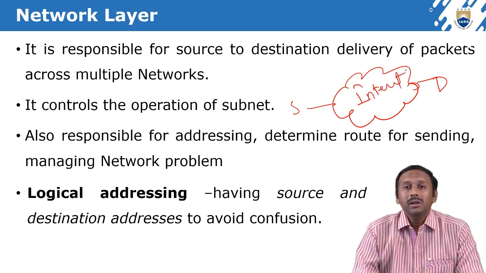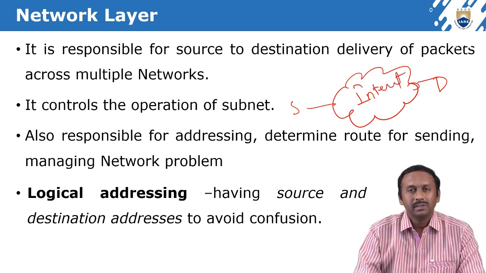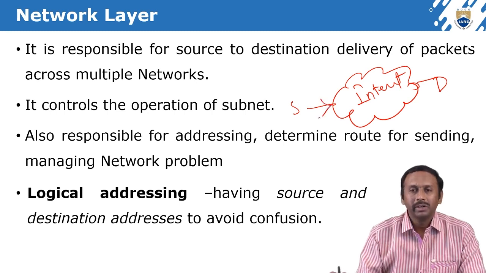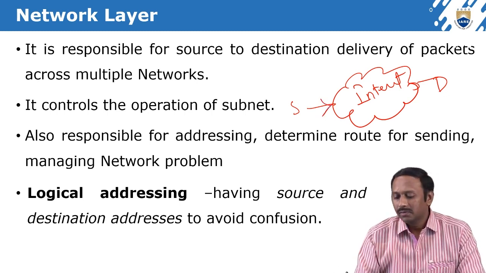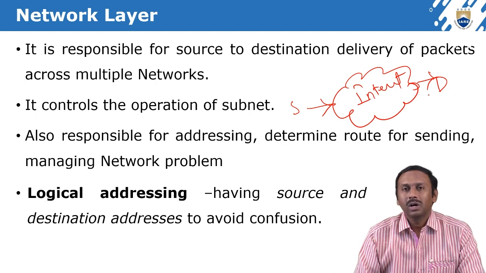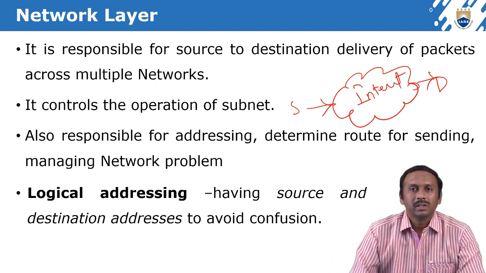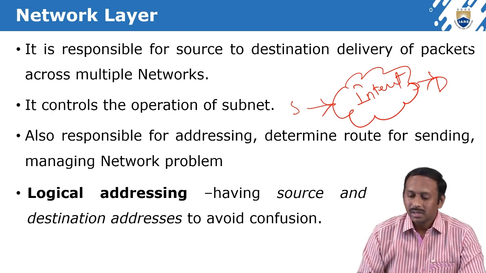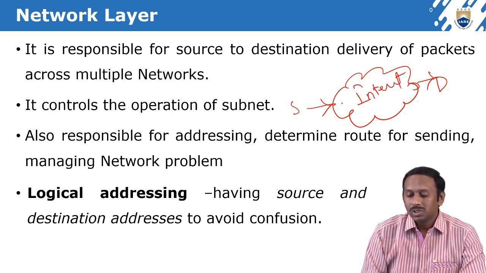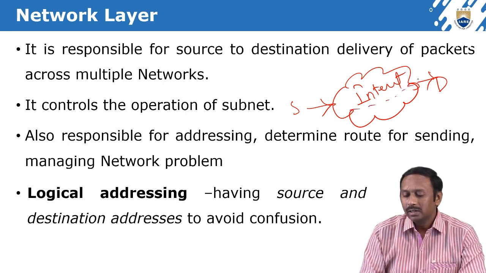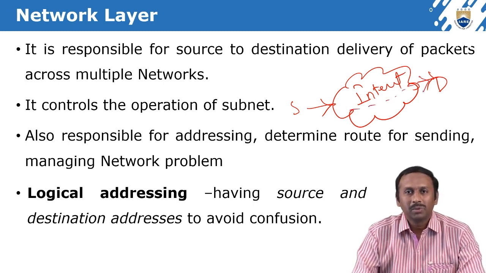In this internet, multiple networks are interconnected. Now we are going to send a mail to the destination. How is it going to be transferred? There will be a destination address. Based on the destination address, the mail travels across multiple networks and reaches the destination point.